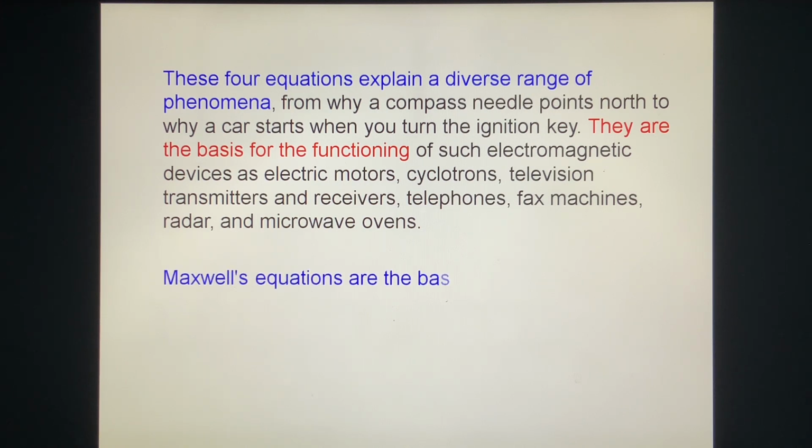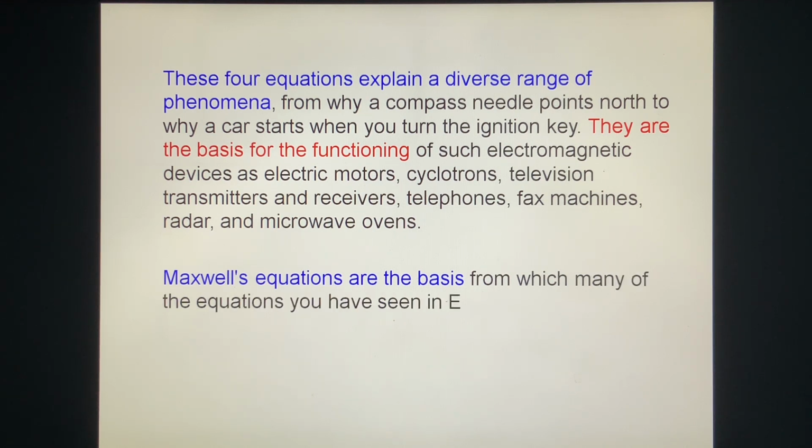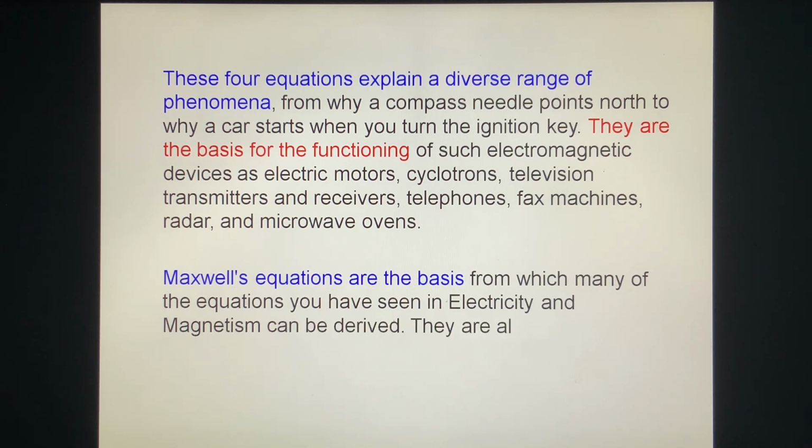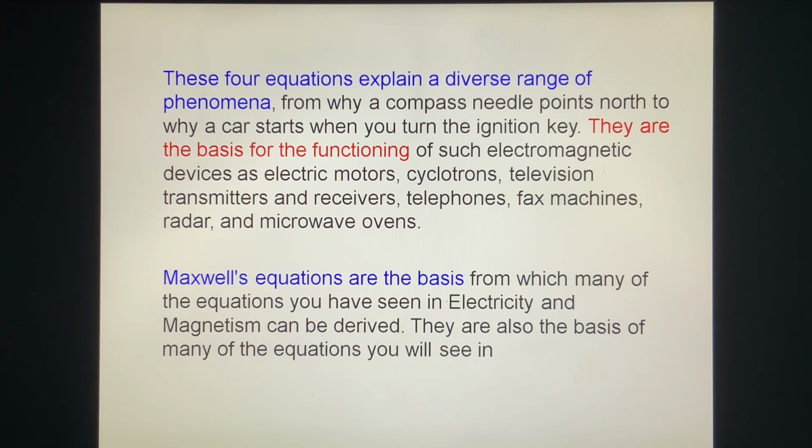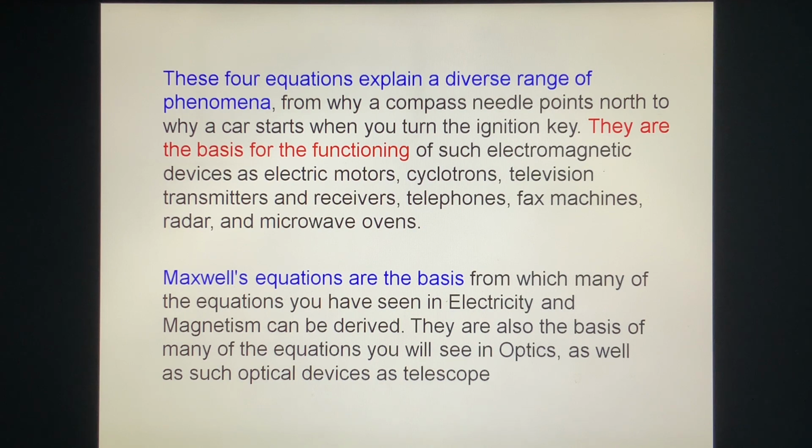Maxwell's equations are the basis from which many of the equations you have seen in electricity and magnetism can be derived. They are also the basis of many of the equations you will see in optics, as well as such optical devices as telescopes and eyeglasses.